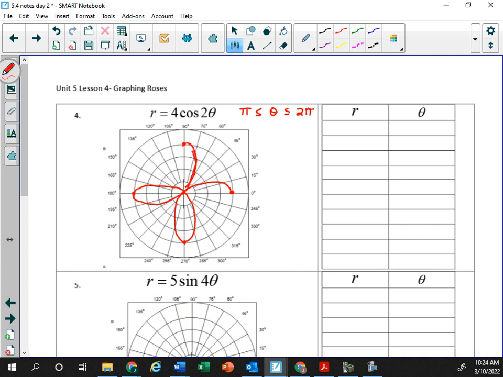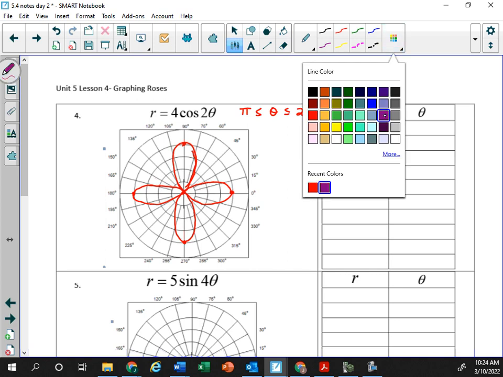Back around here. That would be the entire graph, right? Pi to 2 pi, how much of the graph am I going to see? Half. Which half? The first half I drew or the last half that I drew? The last half. So let's think about this.